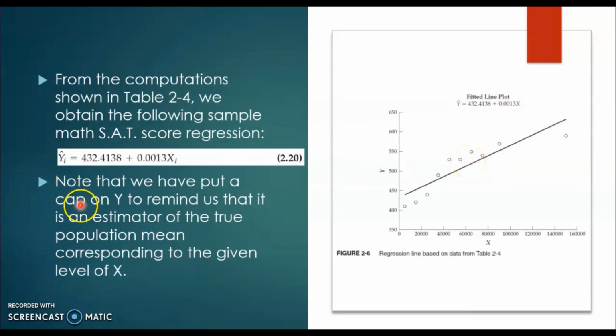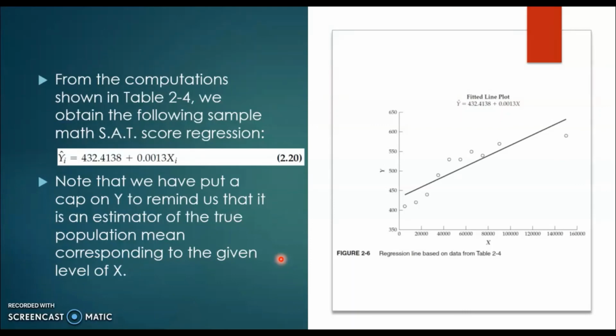And of course, note that we have put a cap on y to remind us that it is an estimate of the true population value corresponding to the given level of x. So they are not the actual values based on the population, but they are the estimator of the actual value of y obtained from a sample collected, corresponding to the given level of x.